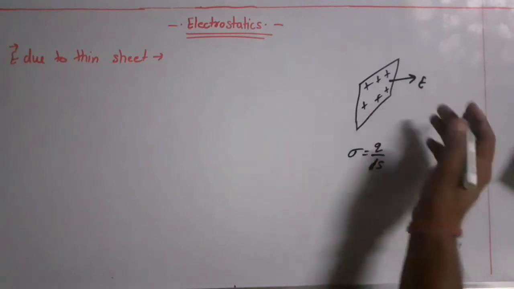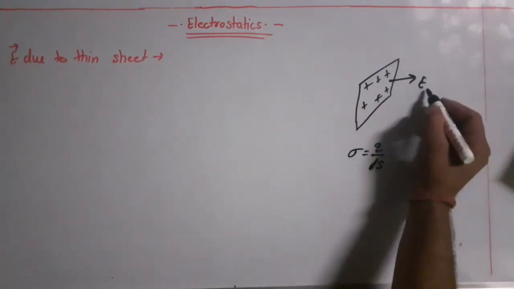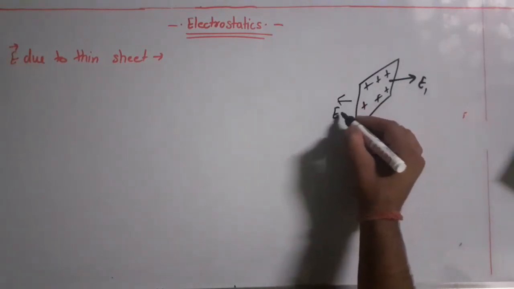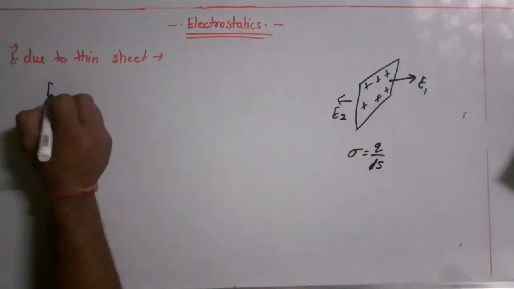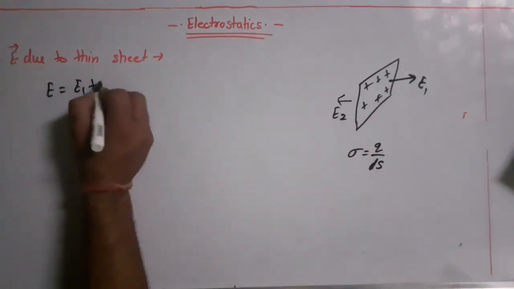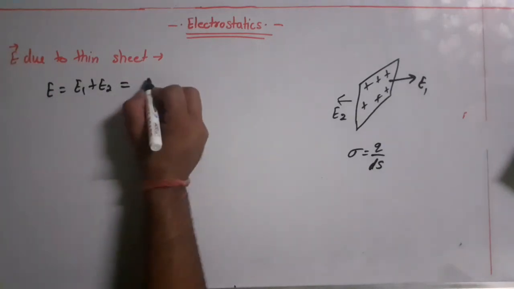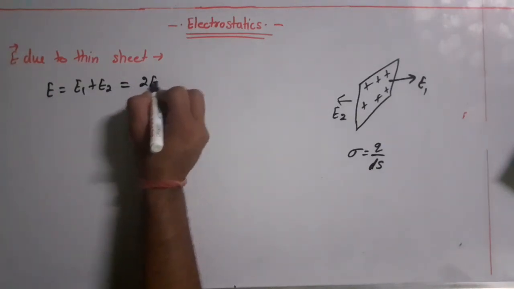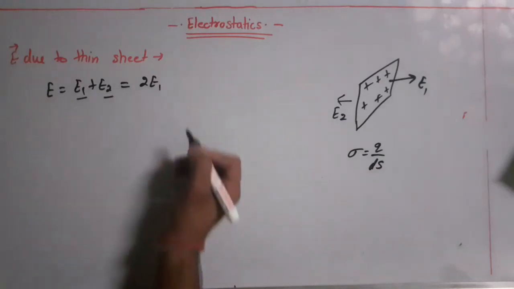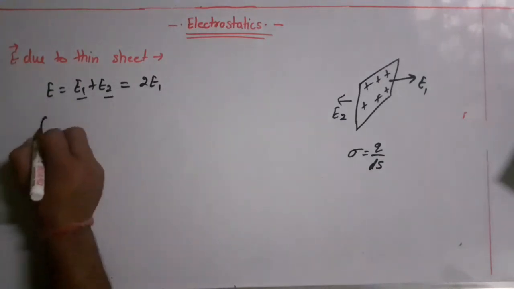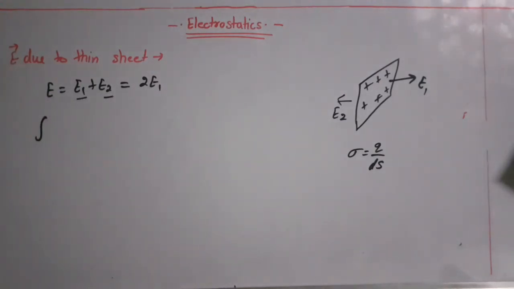Electric field due to this side of the sheet will become E1, and from this side it will become E2, and the total E will be E1 plus E2. Let's put this value. So our E will become equal to 2E. Why? Because E1 and E2 are equal. Now using Gauss law, and what is Gauss law?